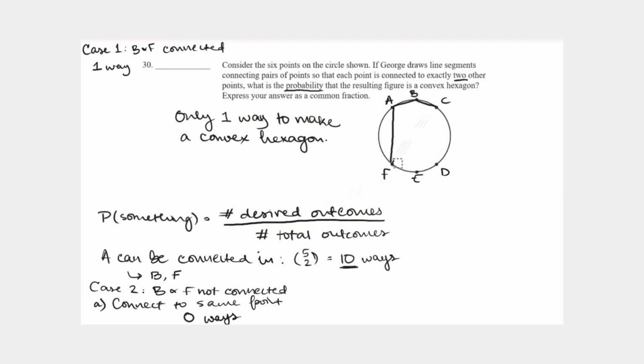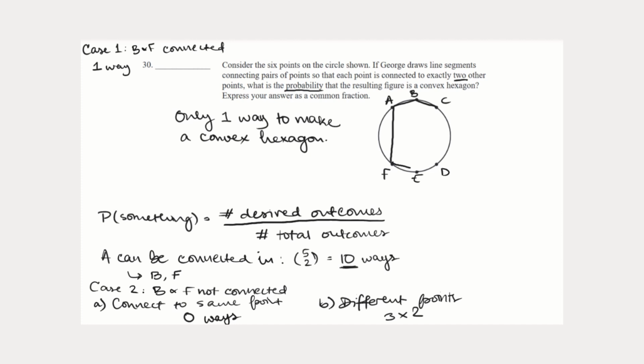Okay, so they can't be connected to the same point. Well, that means they must be connected to different points. So you have 3 ways of choosing what B is connected to, times 2 ways of choosing what F is connected to, because F can't be connected to what B is connected to.